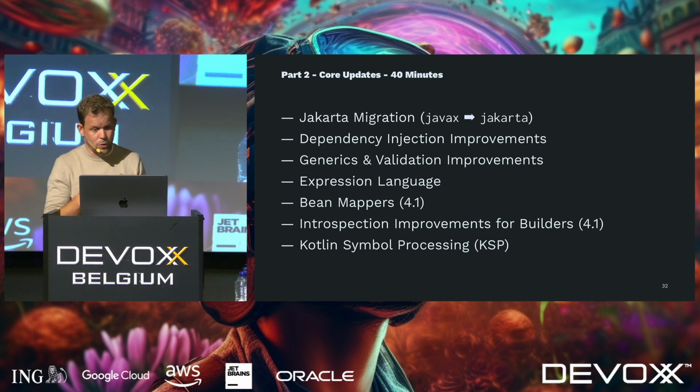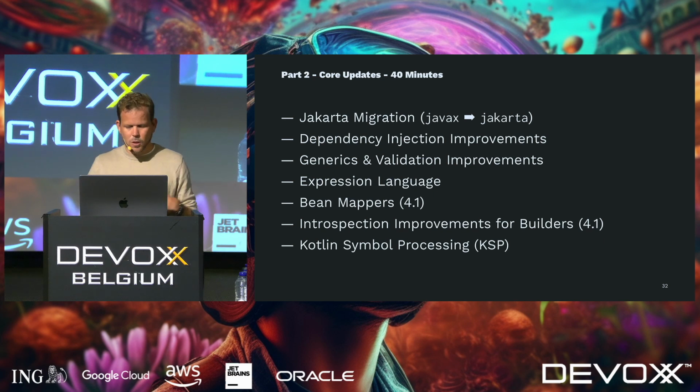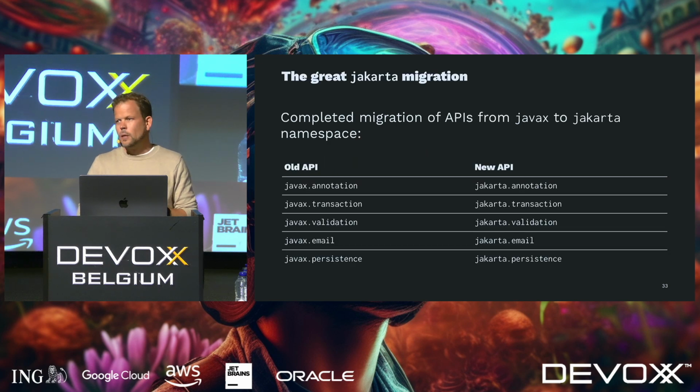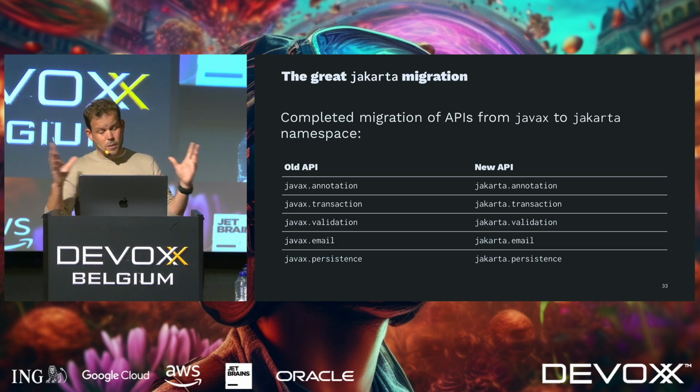We then, moving on to part 2, let's look at the core updates to the core of the framework first of all. So here we'll look at Jakarta, the dependency injection improvements, the general validation improvements, expression language, and things like KSP. So the great Jakarta migration.